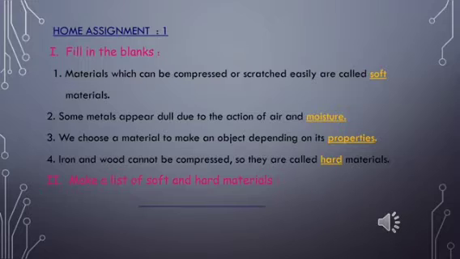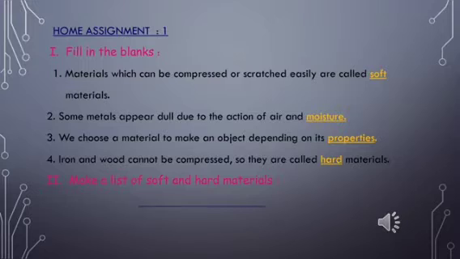Second one, some metals appear dull due to the action of air and moisture. Third one, we choose a material to make an object depending on its properties. Fourth one, iron and wood cannot be compressed, so they are called hard materials.